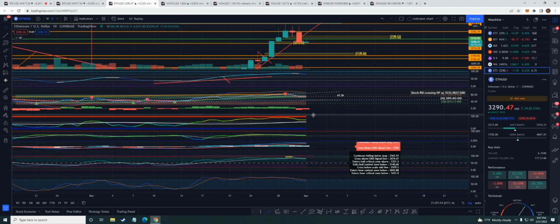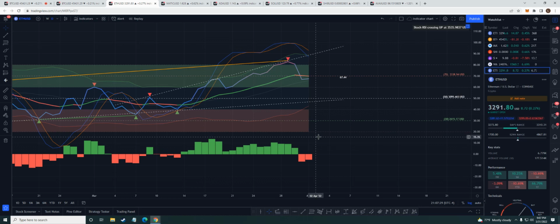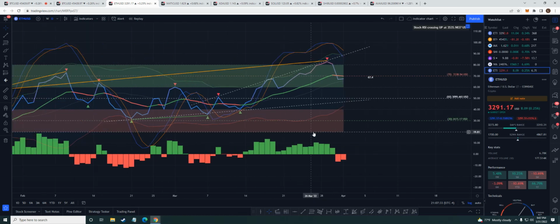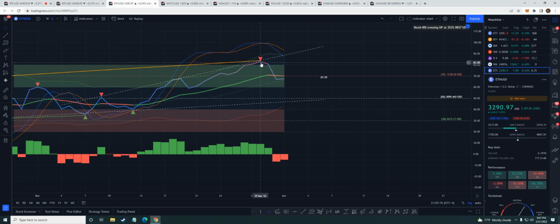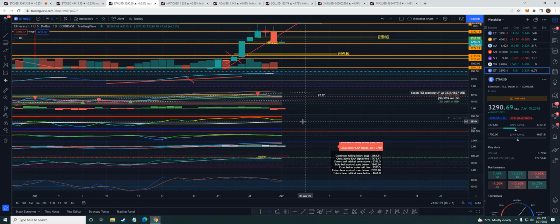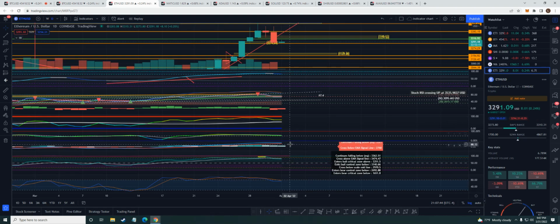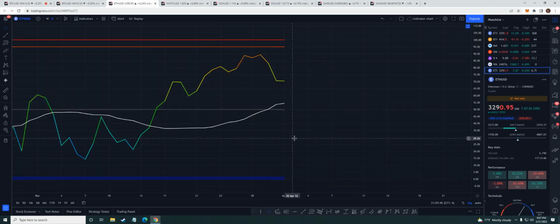I'm not really liking this. Let's look at some of the indicators. Short term, daily. We got some bearish divergence that is now confirmed, that's not good. Let's see what else. Momentum is kind of coming down now.